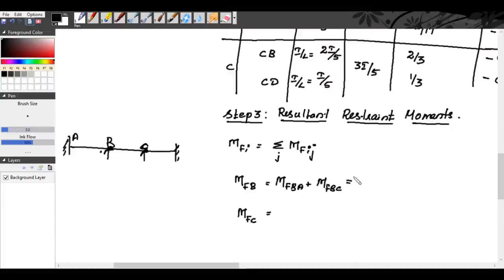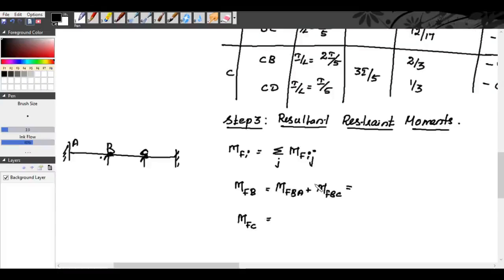So that is equal to MFBA, which we found in our first step as plus 6, and MFBC is calculated as minus 2.4. So we get plus 3.6 kilonewton meter. And at C we have two members joining, CB and CD.